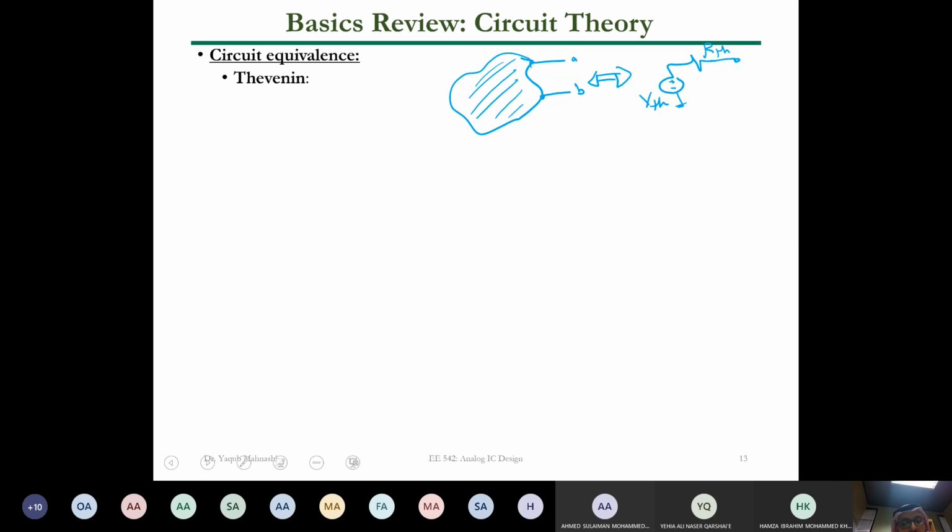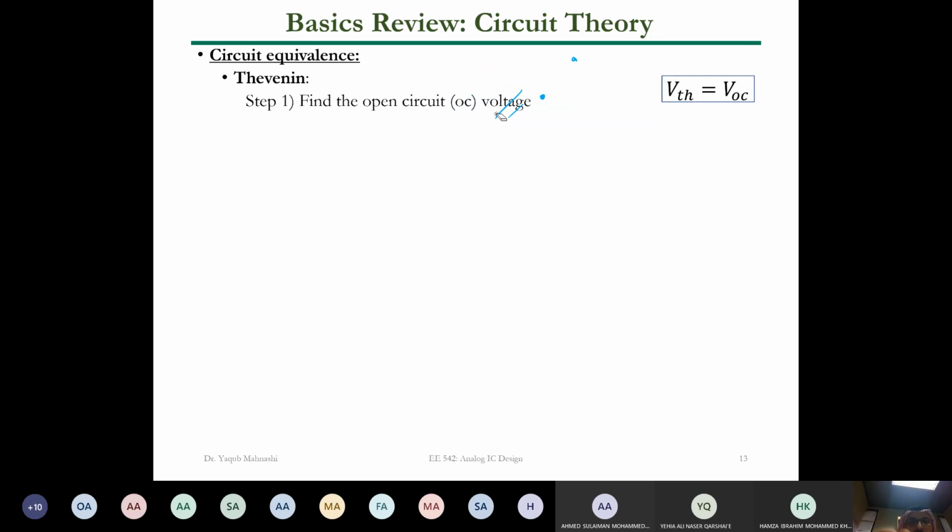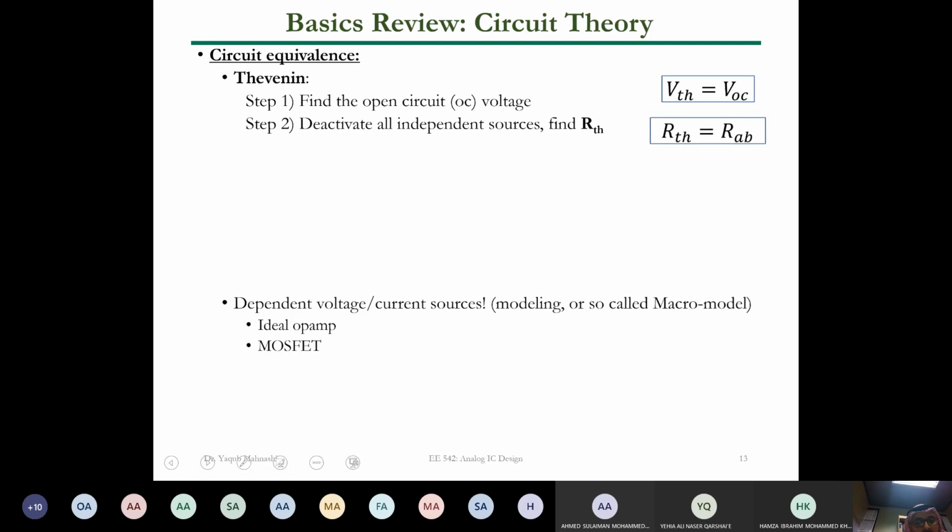One is finding the open circuit voltage, which is the V Thevenin. Let me write it down here.